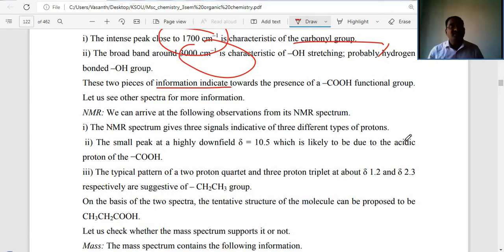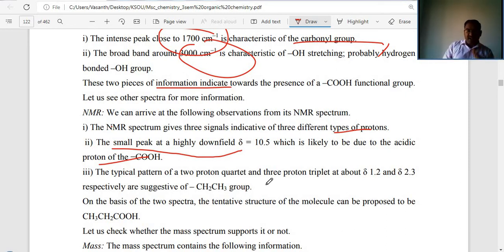Let us see the other spectra. There are multiple different types of protons. There is a small, highly downfield signal likely due to the acidic proton of the COOH.